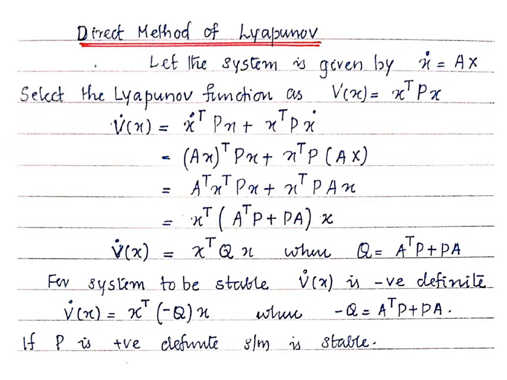So V dot x is equal to x transpose (minus Q) x, where minus Q is equal to A transpose P plus PA, and from that, minus Q is a positive definite matrix means P will be a positive definite matrix. So for the system to be stable, P must be a positive definite matrix.